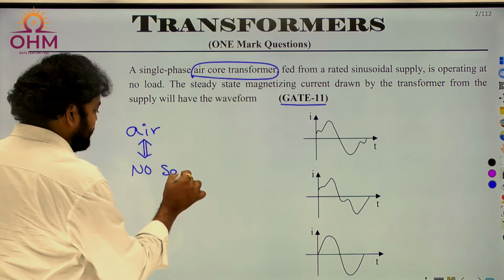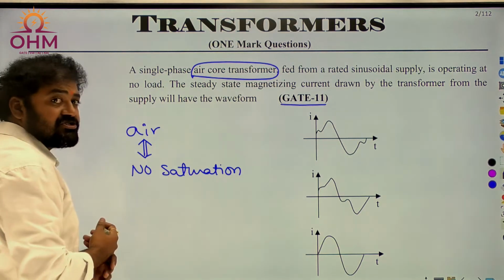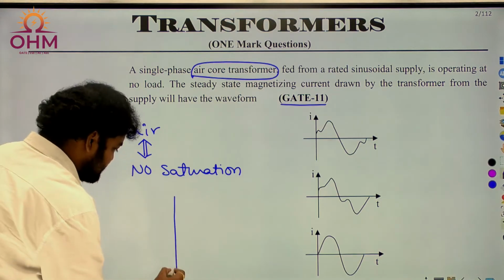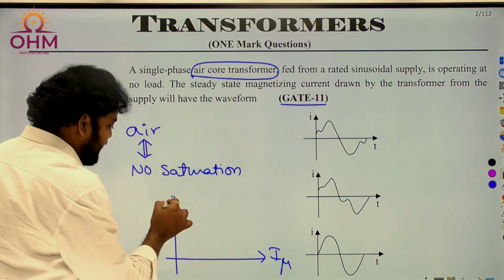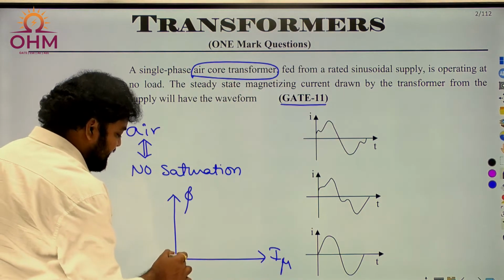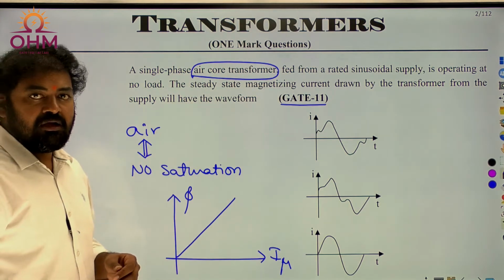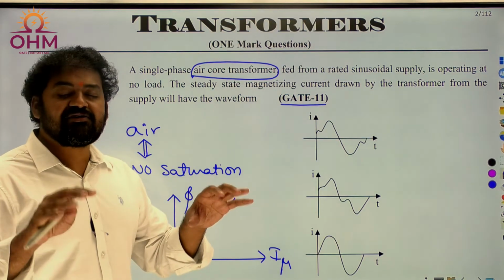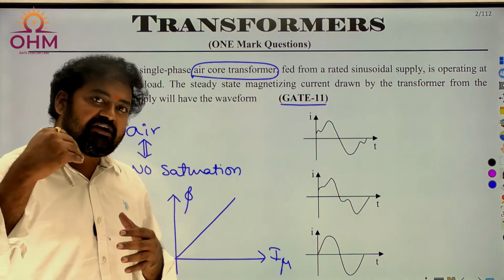If there is no saturation, can I say the magnetization curve will be completely linear in nature? That means if you take magnetizing current on x-axis and flux on y-axis, this is going to be a continuous linear line. Whereas if you consider a practical magnetic core, you will use a ferromagnetic material. Therefore, saturation will definitely be there.